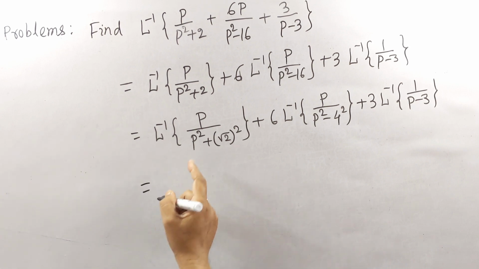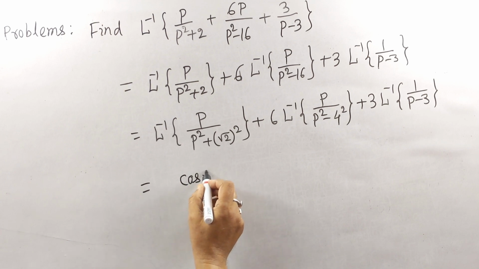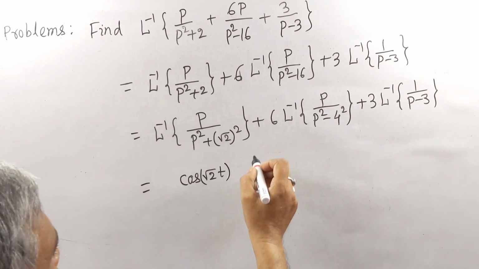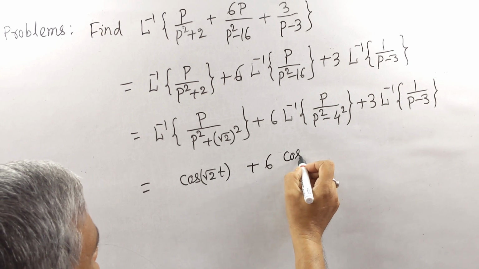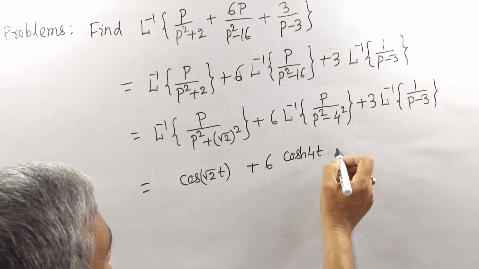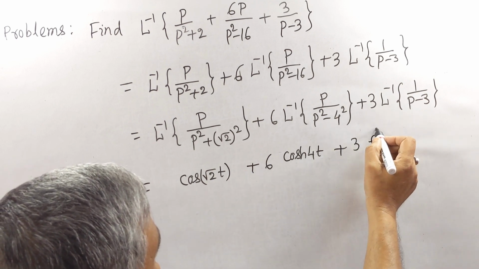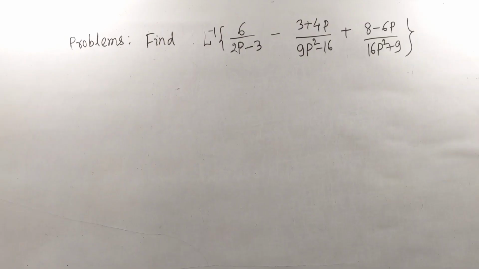This is cos root 2t, this is cos hyperbolic 4t, this is e to the power 3t. Now we solve the next problem.